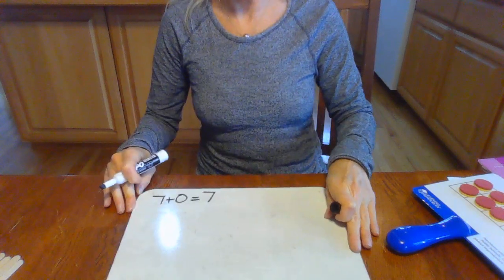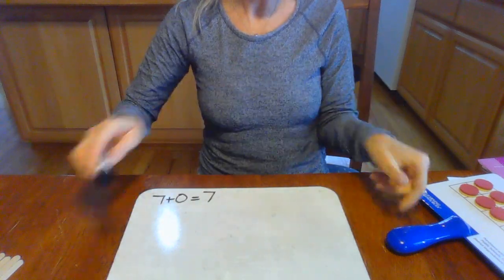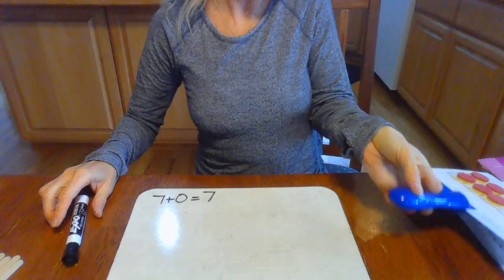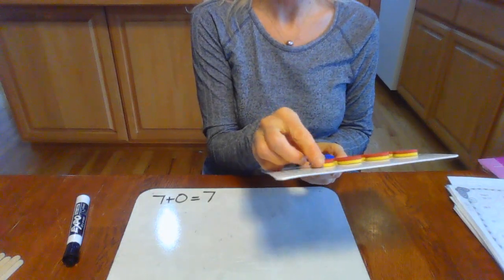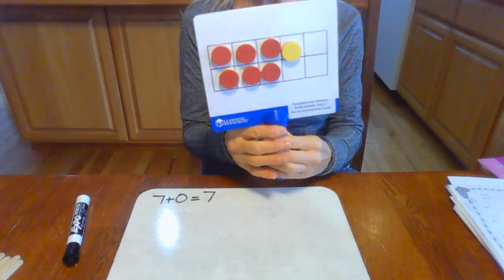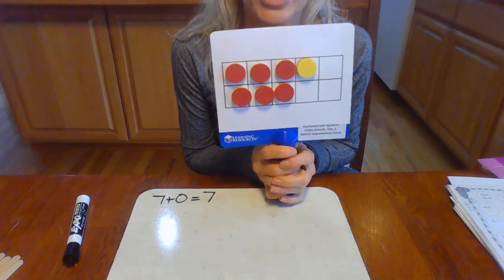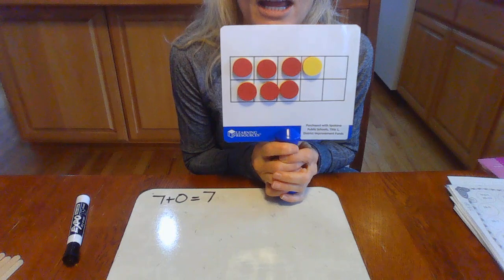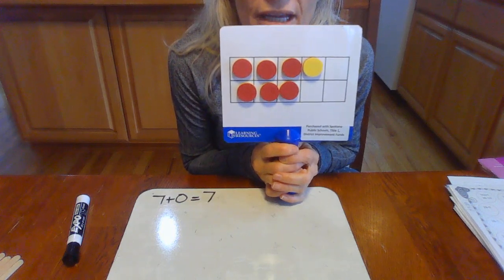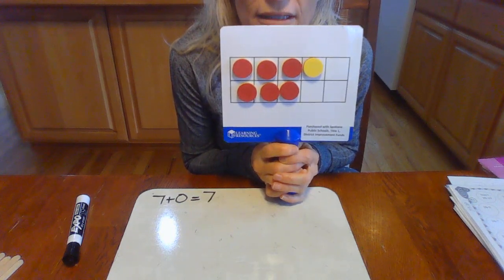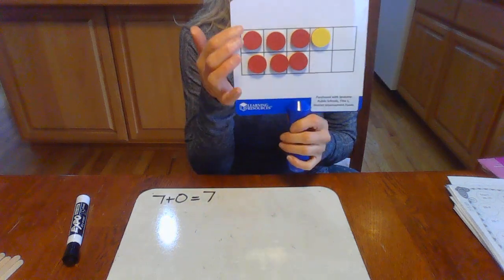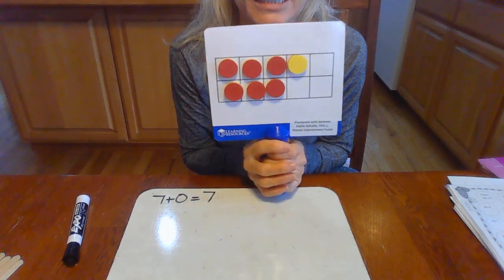And I'll kind of turn it around this way. Okay, so you want to get a mental picture of what that 7 looks like. Now, I'm going to flip it over this way. And this might be an easy way to see the parts of 7. Now, how many of the counters are red? Yeah, 6. I see that 3 plus 3 equals 6.